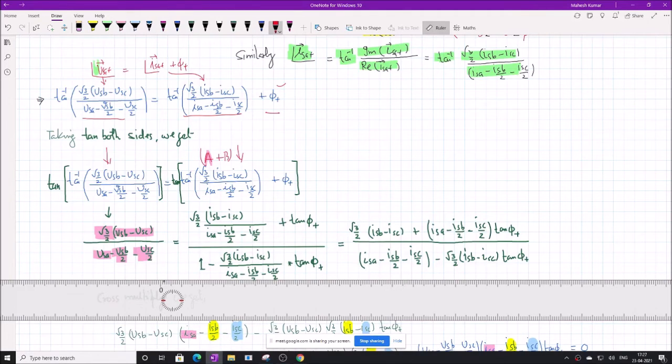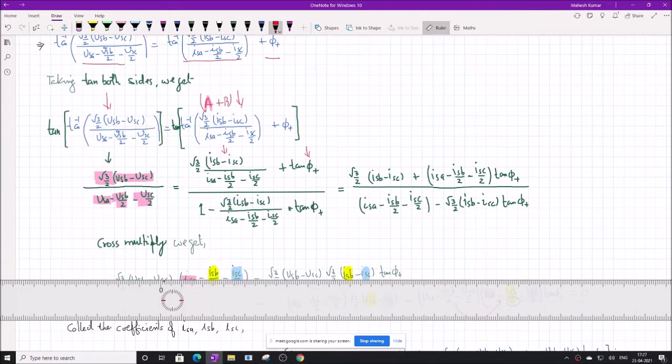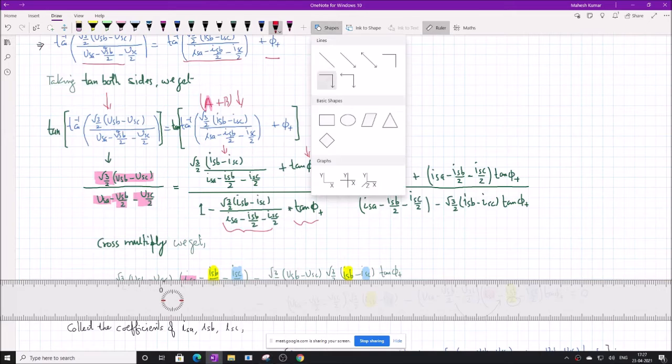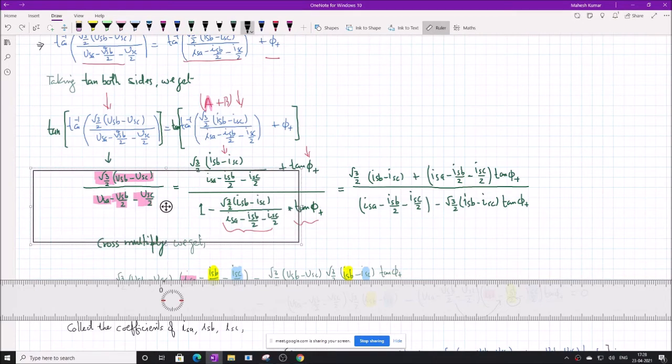So tan of tan inverse of this will come here, and then tan of phi plus, divided by 1 minus tan a tan b, where this is tan a and this is tan b. Tan of tan inverse in fact becomes this number. Therefore we have this equation out of the third condition, the angle condition.